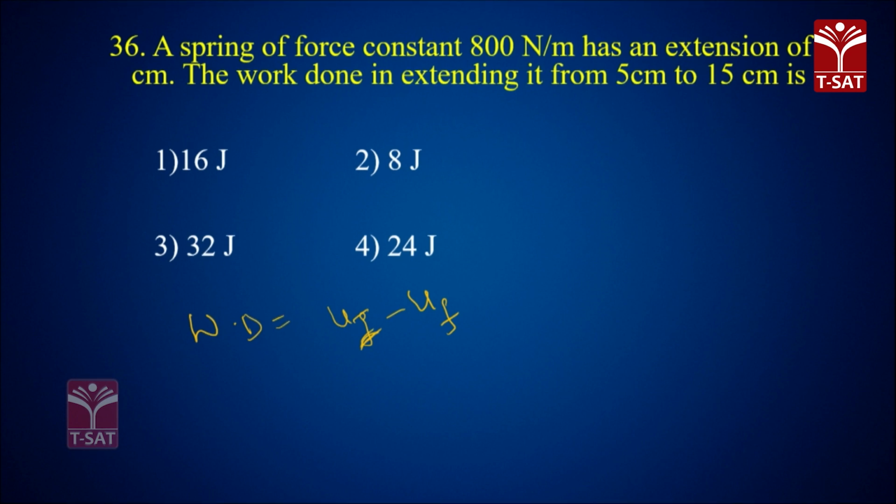Here also the work done is equal to UI minus UF, and work done is equal to 1/2 K into x1 square minus x2 square.